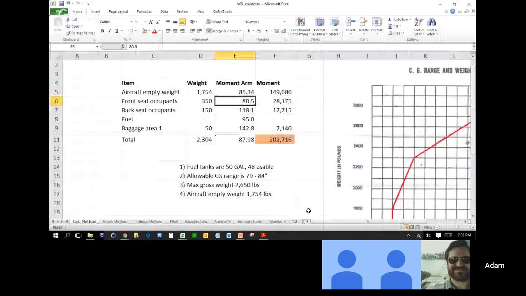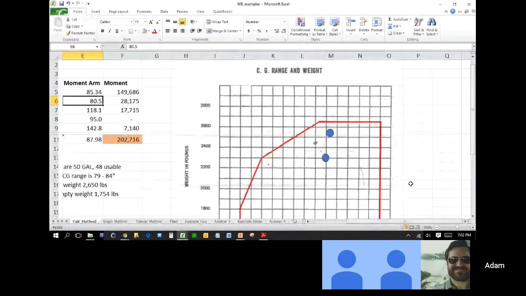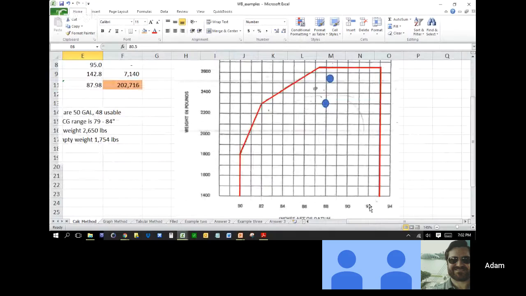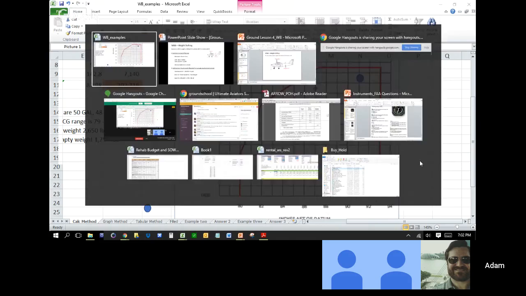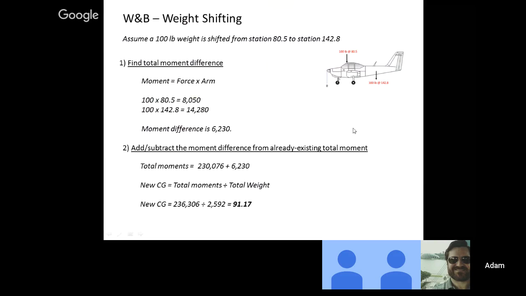Which, in our specific example, I think we're outside of limits. Oh no, we're there. Right over here. So does that make sense conceptually? Two-step process: find the moment difference, and then add or subtract that difference to the original moment.